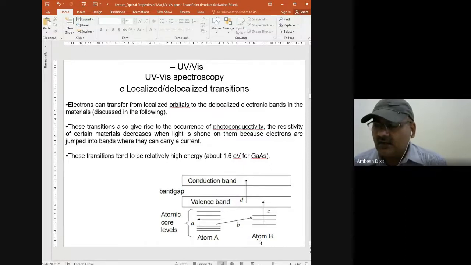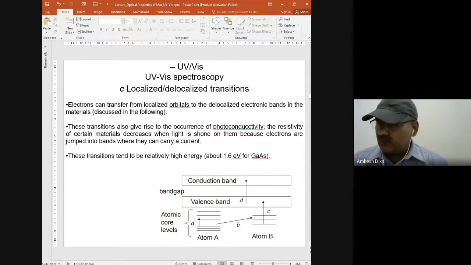These transitions are very responsible for photoconductivity, enhanced photoconductivity, and resistivity changes in certain materials. For example, if I take gallium arsenide and shine white light, its conductivity will change, and the conductivity is changing because of the localized electron transition from inner orbitals to the valence band. So these are very important.